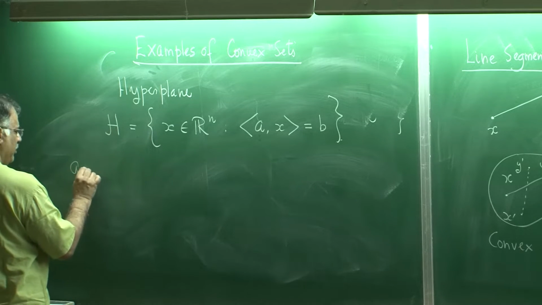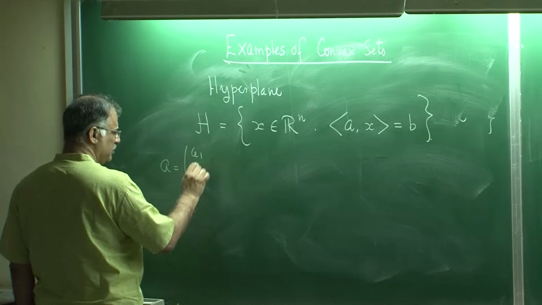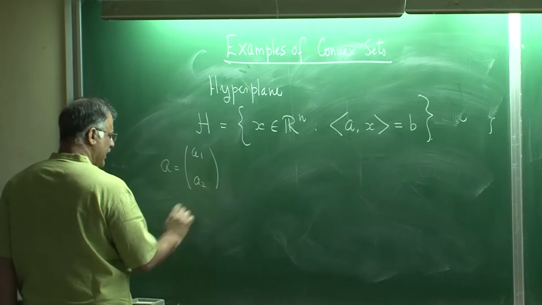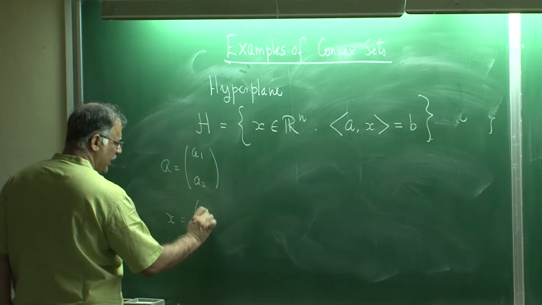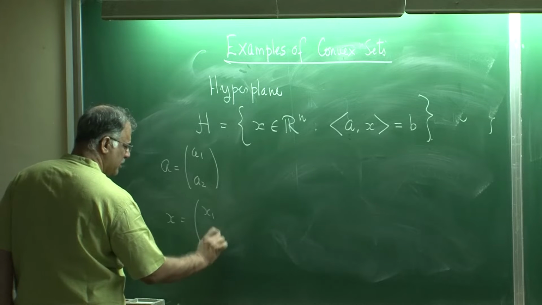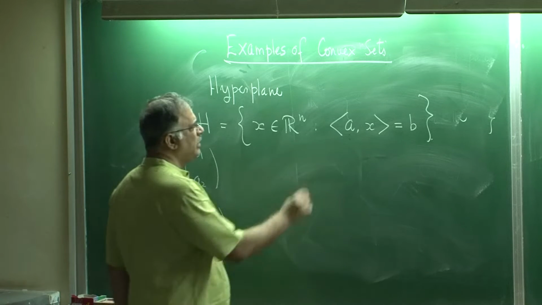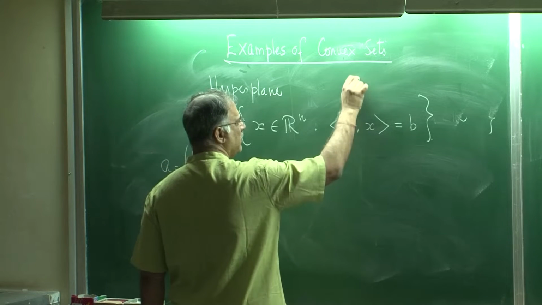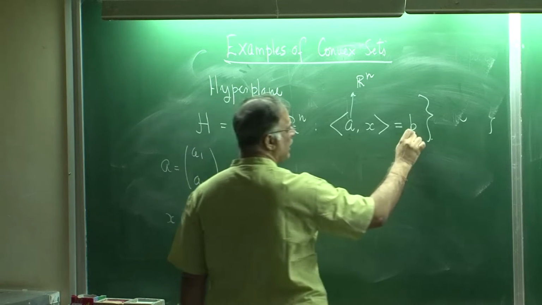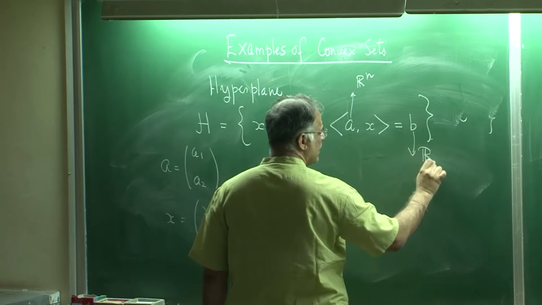So, if A represents the vector A1, A2 and x is given by x1, x2, now you are in 2 dimensions. A here is of course in Rn, because otherwise we cannot have an inner product with the element in Rn, and B is in R.